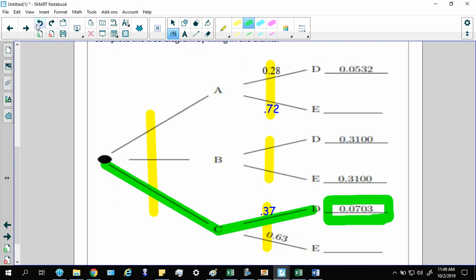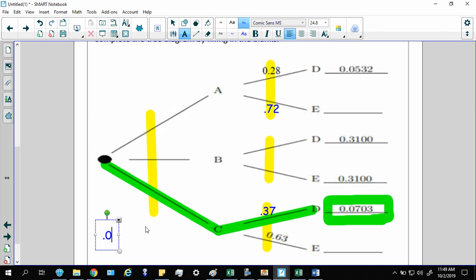So I'm going to divide off to the side here. I'm going to take 0.0703 and divide that by 0.37. When I do that, I end up getting 0.19. So this right here would be 0.19.